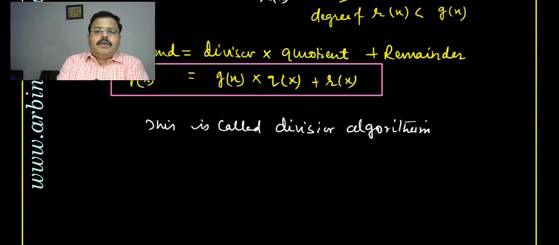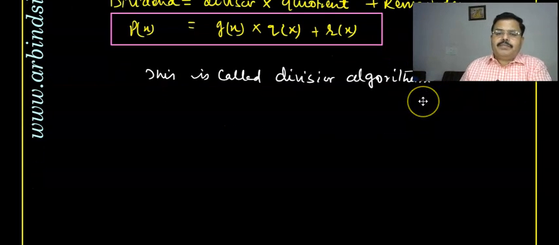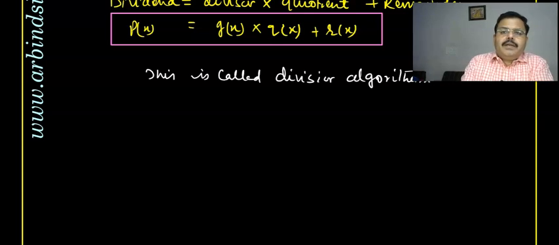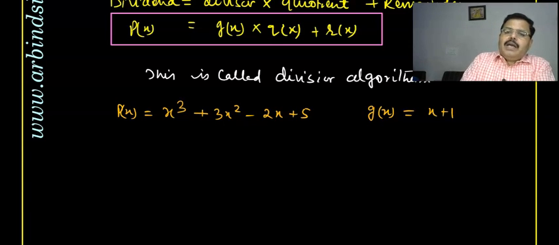Let us prove this relationship with one example. I am taking a cubic polynomial, x cube plus 3x square minus 2x plus 5, say this is P(x), and G(x) is x plus 1, and we want to divide it.